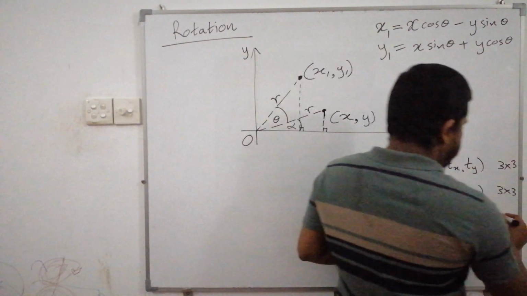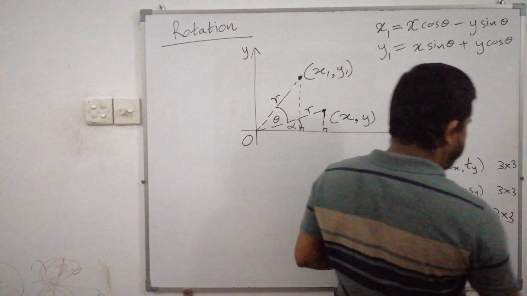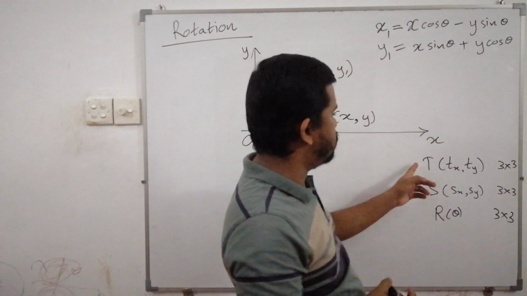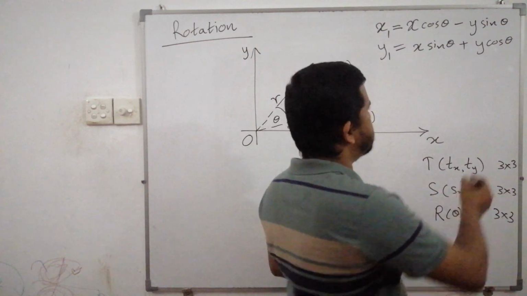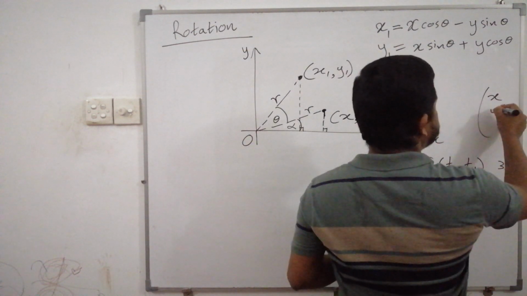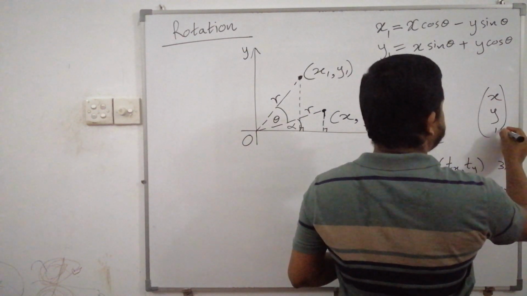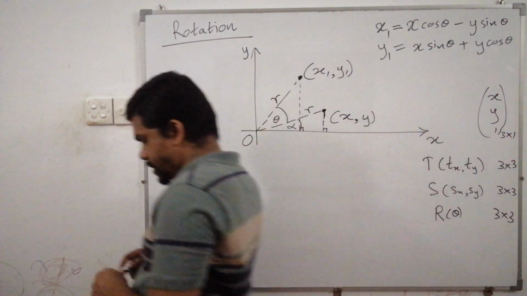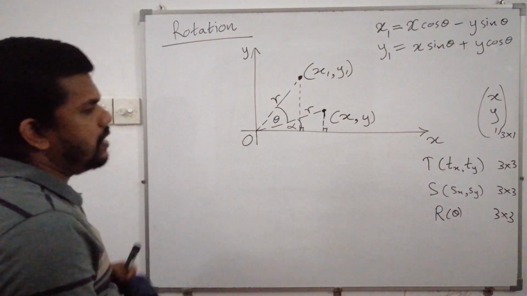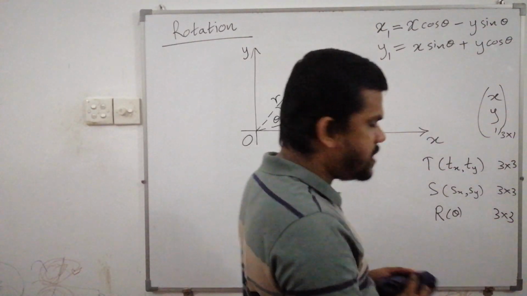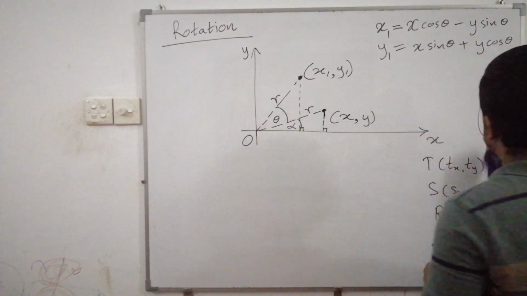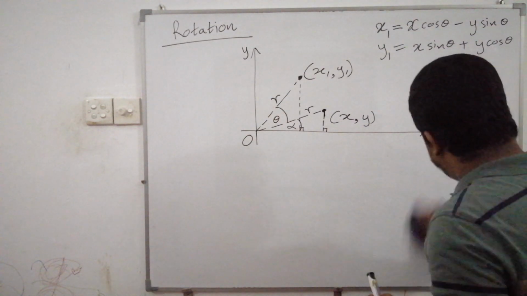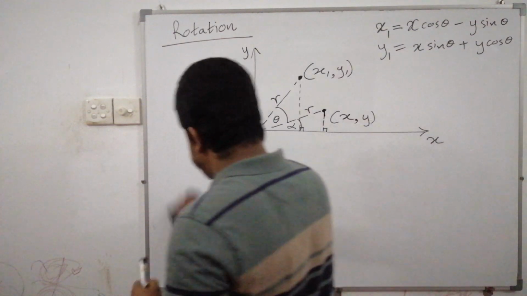So we have to find a 3 cross 3 matrix, and in these two situations we have represented the point using a 3 cross 1 matrix like this. So in order to maintain the consistency, we use the same 3 cross 1 matrix to represent coordinates.